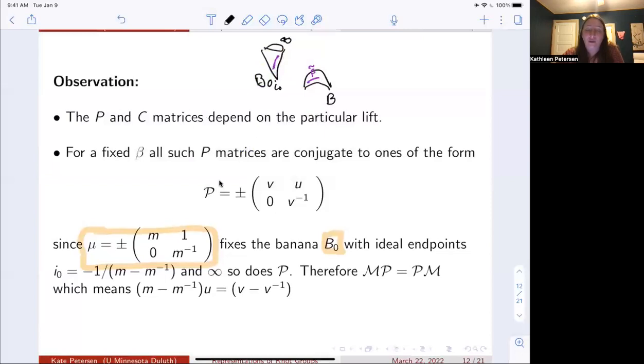And that matrix, which I'm going to call calligraphy P, must commute with M. So infinity has to go to infinity. That's why there's a 0 here. And so it has to have this form, V, U, 0, V inverse. And commuting with M, we can either write it in this matrix equation or in terms of the entries.